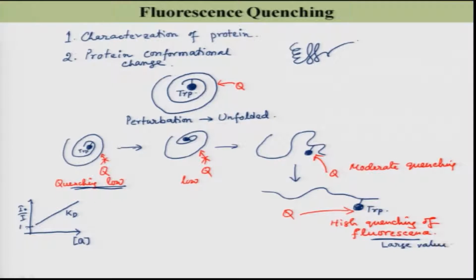value of Kd. So, now if I plot the observed Kd value as a function of this perturbation, if it is the temperature, then I can simply plot the measured Kd value as a function of temperature.